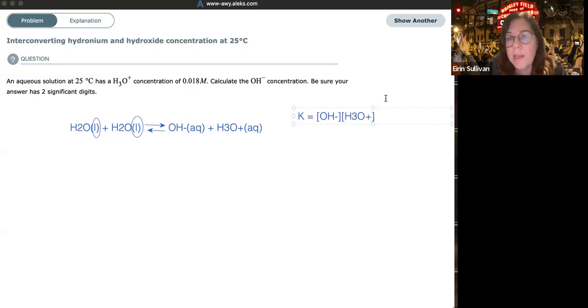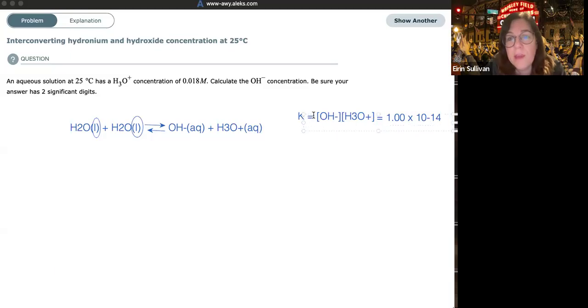And actually, in a solution of water, the concentration of hydronium ions is about 1 times 10 to the minus 7, and hydroxide ions is 1 times 10 to the minus 7. So that gives us a total of 1 times 10 to the minus 14 if you multiply those two together. So that is what's called the ionic product for water.